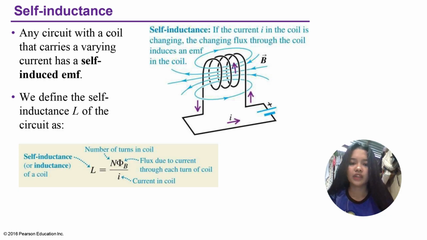This phenomenon is called self-inductance, and it's quantified by the self-inductance, capital L. Here is the equation on the screen. A coil with a high self-inductance will strongly resist changes in current. If the current I in the coil is changing, the changing flux through the coil induces an EMF in the coil.